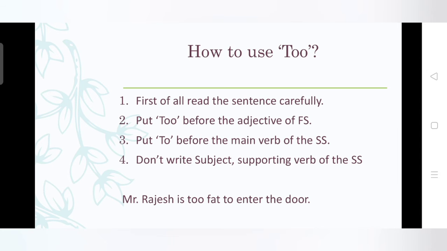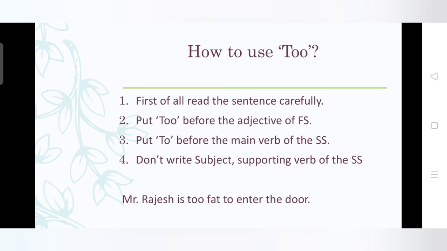Now the third rule, that is, put to before the main verb of the second sentence. Now the first sentence is over. Now look into the second sentence. Find out the main verb or find out an infinitive, and you should put the word to before the main verb or the infinitive into the second sentence.